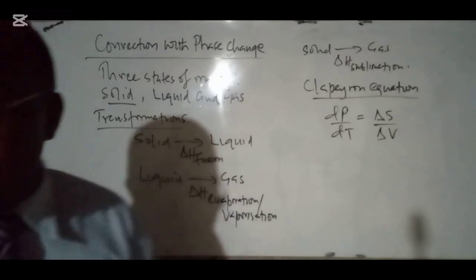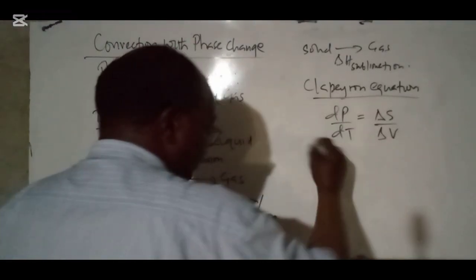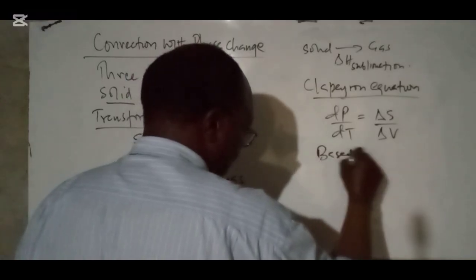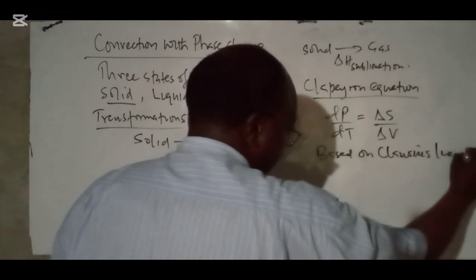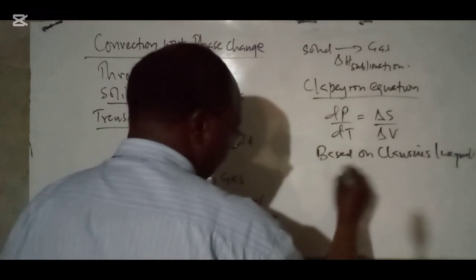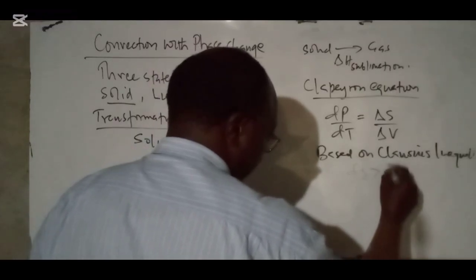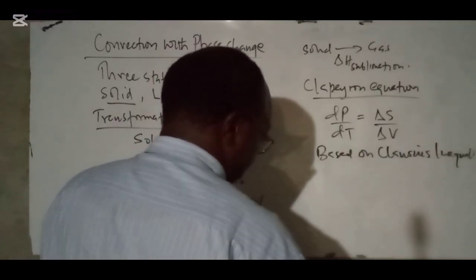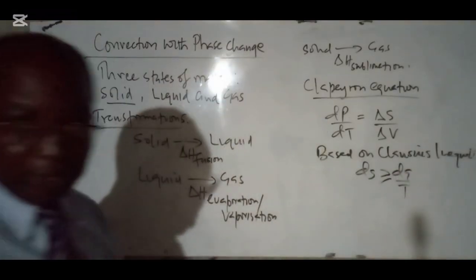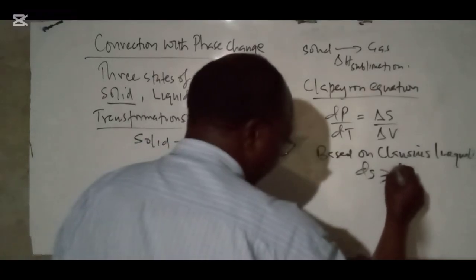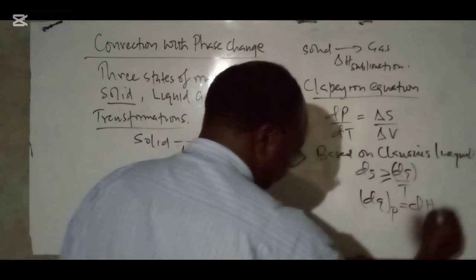And that entropy change, remember, is based on the Clausius inequality: dS is greater or equal to dq over T. Under constant pressure, the heat transferred is the same as dH.